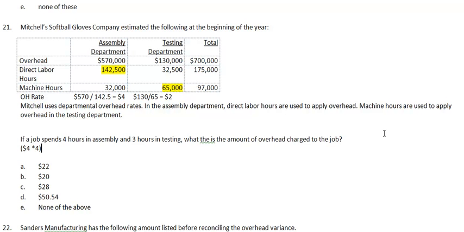So that's going to give you $16 plus. This job spent 3 hours in testing, and your rate in testing is $2. So this job spent 3 hours in there. That is going to give you a total of 22.